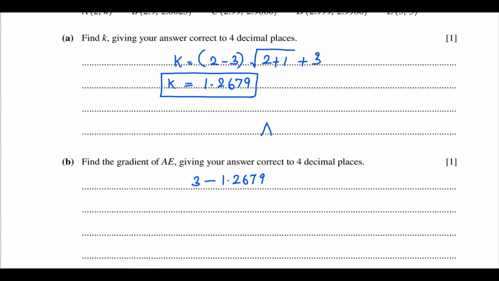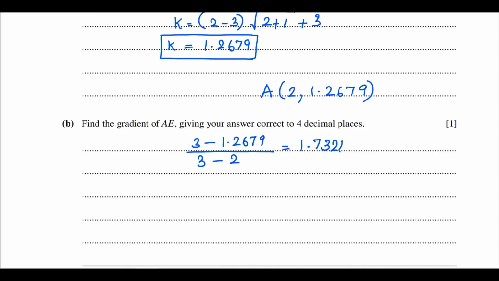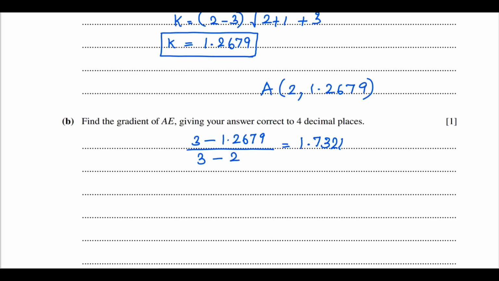So this is the coordinate of E, 2 comma 1.2679, divided by 3 minus 2 equal to, and this is also correct to 4 decimal places, 1.7321. Okay, this is the gradient of AE.